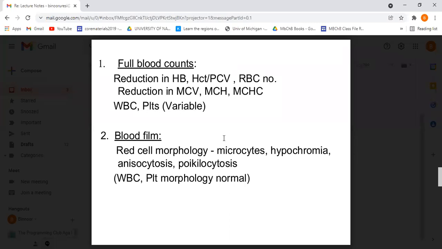Now this one will tell us if the MCV is below 76, if the MCH is reduced below 32, MCHC, I can't remember the amount, but if they are reduced below the normal reference range, then we confirm this is a microcytic anemia. So we already know anemia up there, this is microcytic. The white cells and platelets will be variable depending. Normally you find platelets are increased in iron deficiency for some reason, but that's variable depending.